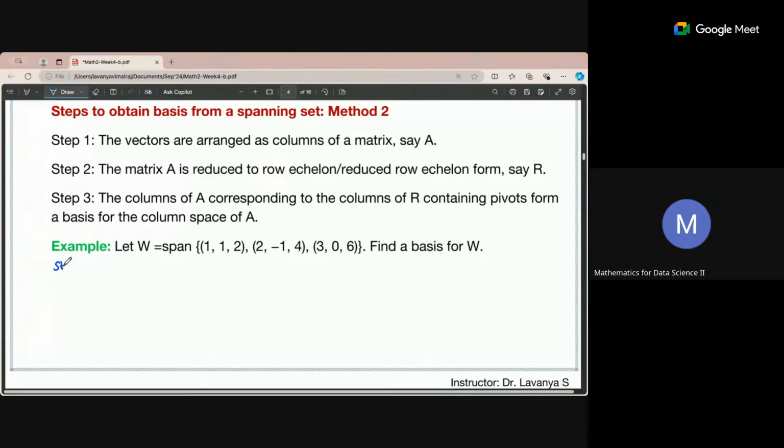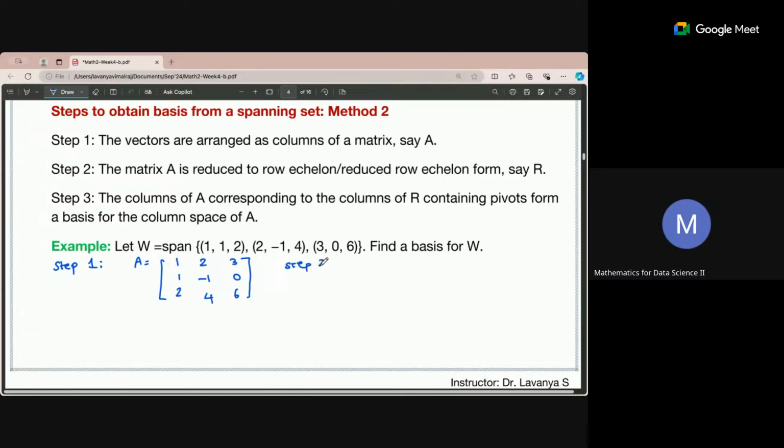Okay. So step 1. Your A is now 1, 1, 2, 2, minus 1, 4, 3, 0, 6. Okay, so you are going to find the row echelon form.